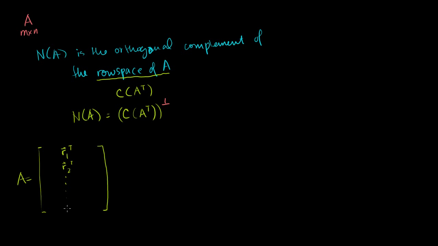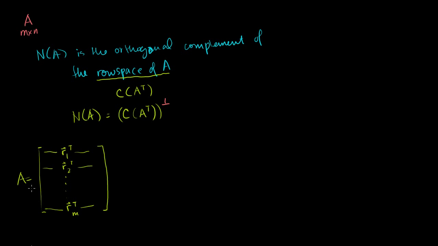We have m rows, so you're going to get Rm transpose. Don't let the transpose part confuse you. I'm just saying that these are row vectors, the transposes of column vectors that represent these rows. But if it's helpful, just imagine this is the first row of the matrix, this is the second row of that matrix, so on and so forth.